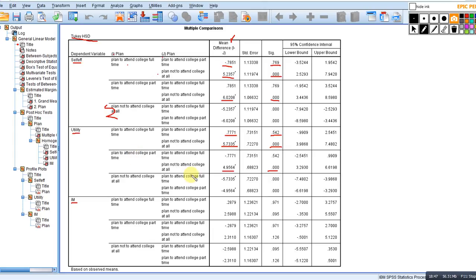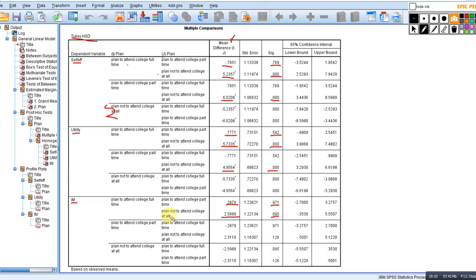You can see on intrinsic motivation, similar trends kind of emerged. There were no differences between the plan to attend full-time group and the part-time group. There was also no significant difference between the plan to attend full-time group and the plan not to attend college at all.